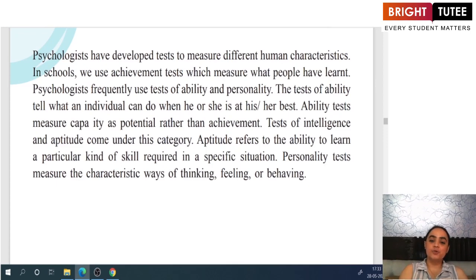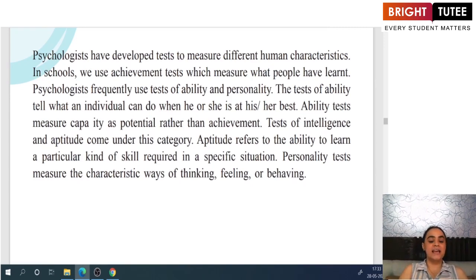In schools also, we have achievement tests that are used to judge and analyze the students' achievements, to know how much they have learned. So psychologists also use such tests to assess the ability or the personality of people.